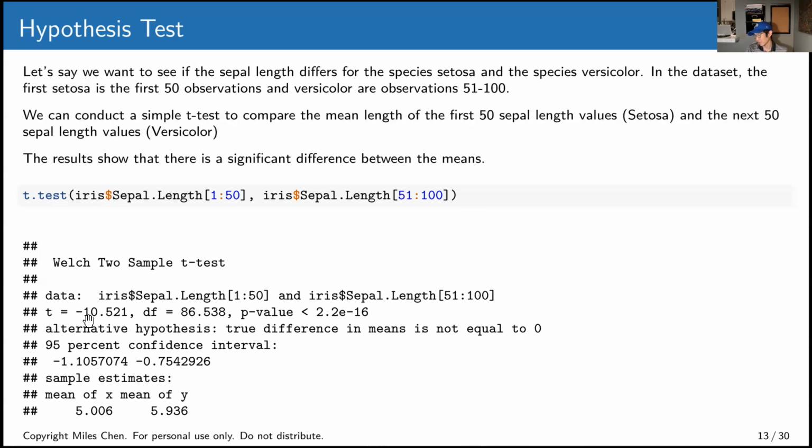That's quite a significant difference. And again, the mean of x is 5.006 versus the mean of y 5.936, a difference of 0.93. It doesn't seem like we could get this difference from random chance. So that's your classic t-test.